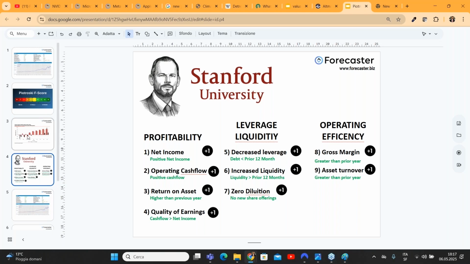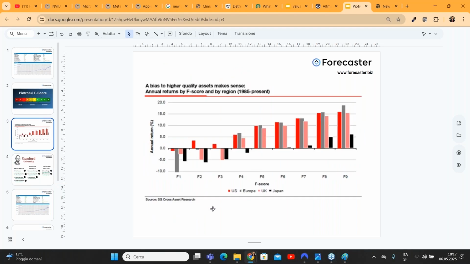This ratio is very interesting, because this is a study from Société Générale, a very important European bank. And as you can see, they divided all the companies from US, Europe, UK, and Japan in groups.